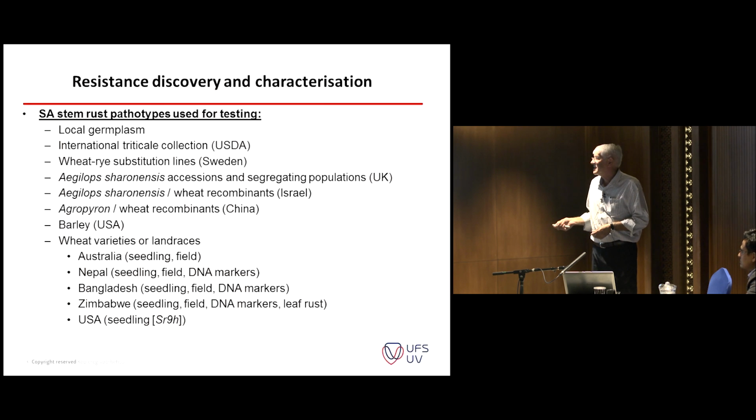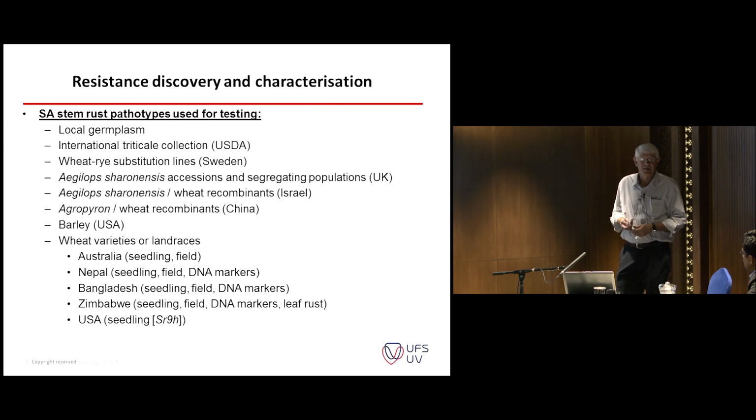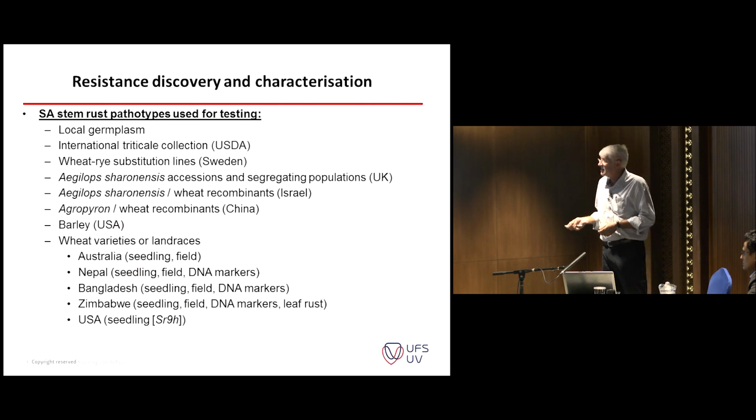I've been testing barley accessions for Dr. Stephenson in the US as another site, also with a UG99 race member, and then just going to more pure varieties or land races, Australia, Nepal, Bangladesh, Zimbabwe. We also tested the Zimbabwe panel for leaf rust, and then currently I'm involved in testing for SR9H in material from the USDA at Aberdeen, as well as from North Dakota State University.